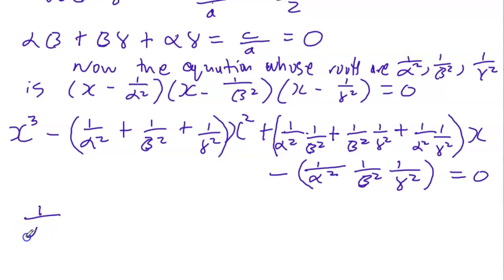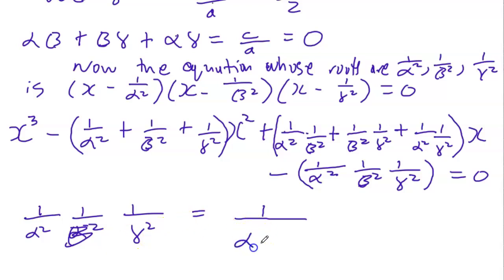So 1 over alpha square times 1 over beta square times 1 over gamma square is equal to, using the laws of indices, 1 over alpha beta gamma all square. So it can be rewritten as that.